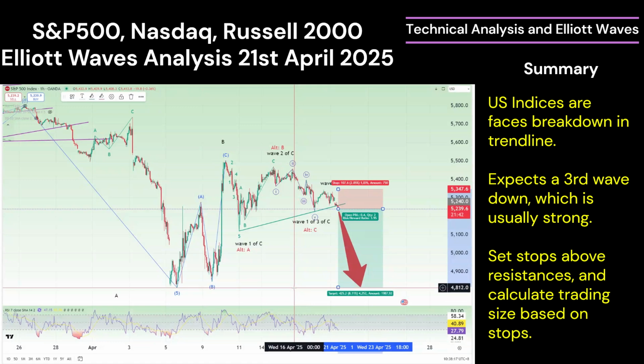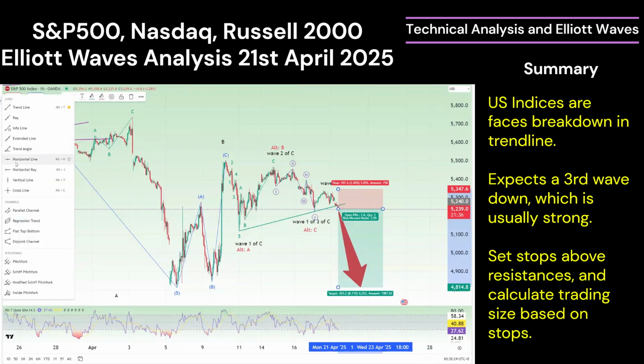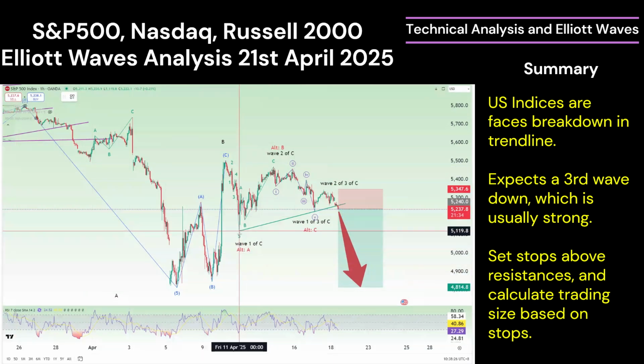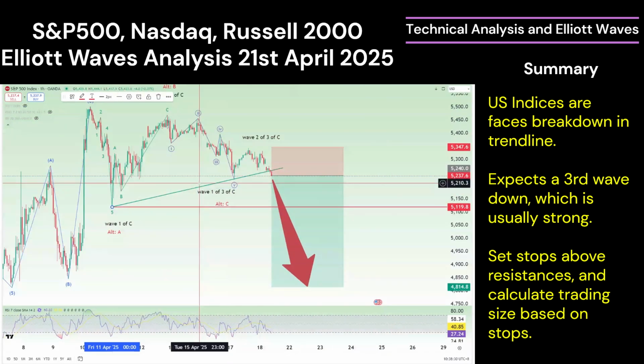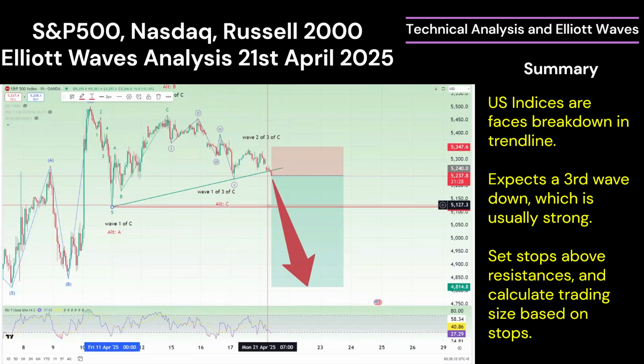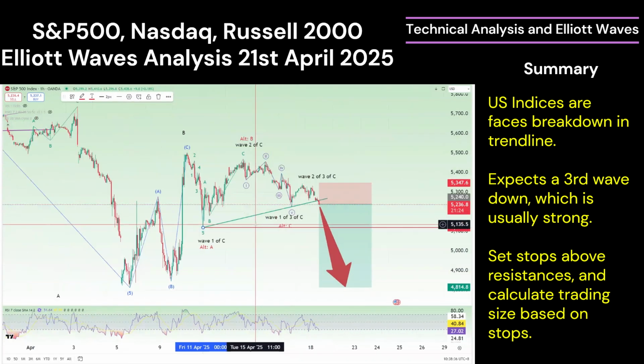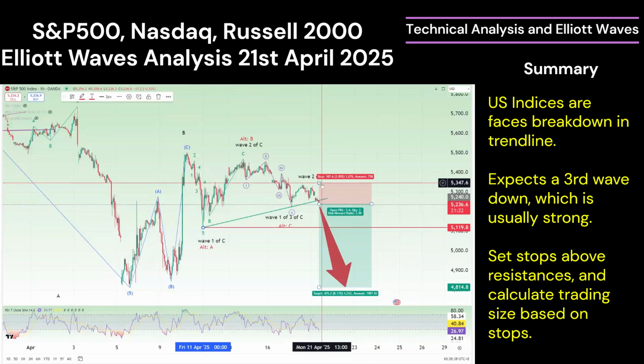This is based on this resistance over here. And of course there is also another one. If you are doing a bit of size, you can start to take a little profit here also. So we will see how the wave moves, how it forms as it comes down. But important is still this stop loss over here.